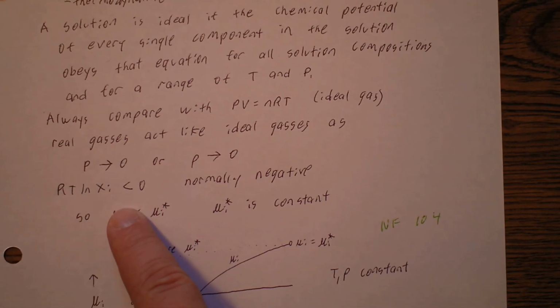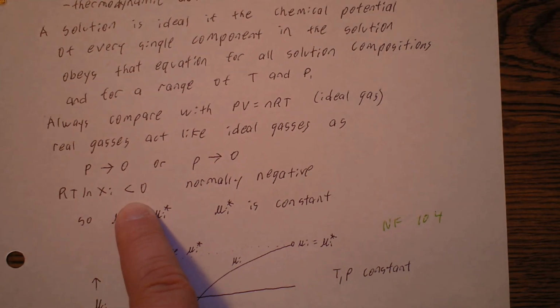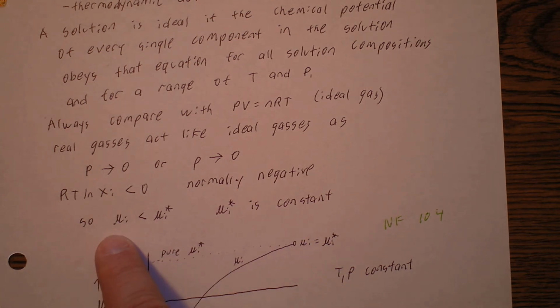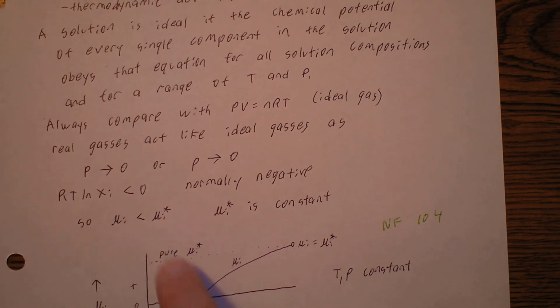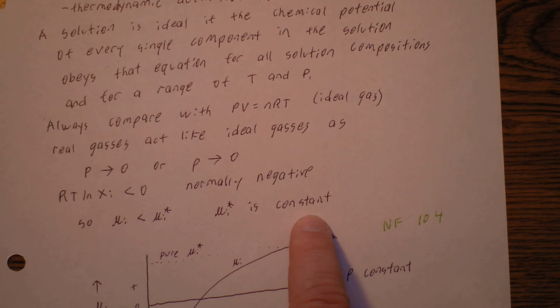Now, RT natural log of the mole fraction of substance i is less than zero, so it's normally negative. That means the chemical potential of substance i is less than the unmixed chemical potential of substance i. Now, the chemical potential of substance i unmixed is constant, of course.